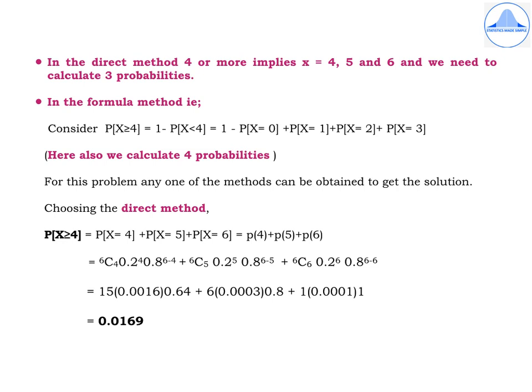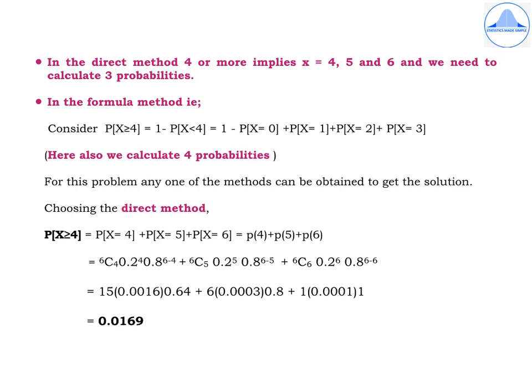It is 0, 1, 2 and 3. So how many probabilities do you have to calculate over here? Here in the formula method you will have to calculate 4 probabilities. But in the direct method, how many probabilities do you need to calculate? You will need only 3 probabilities. So to find a solution for this problem, I can use the direct method because it is much simpler.